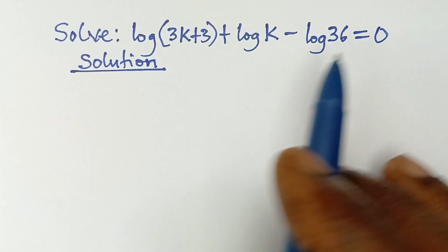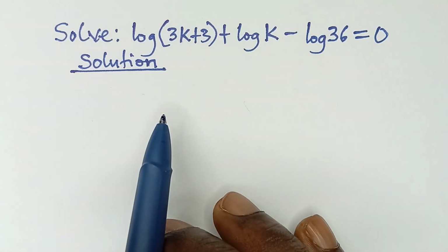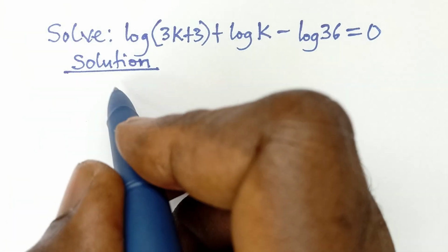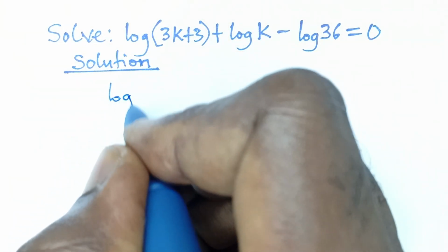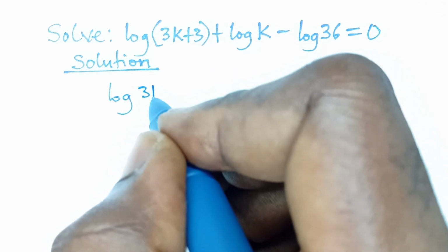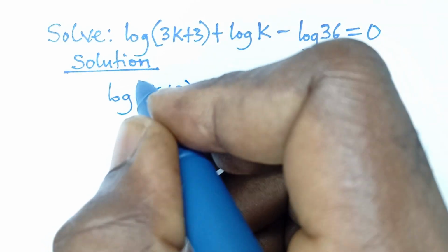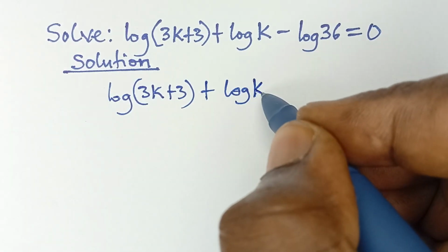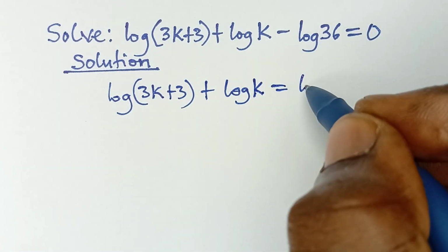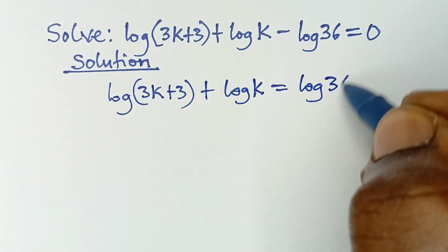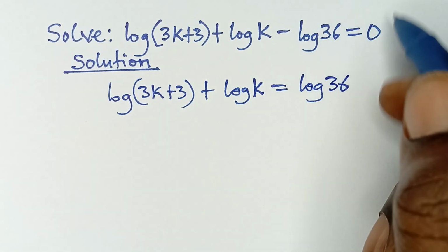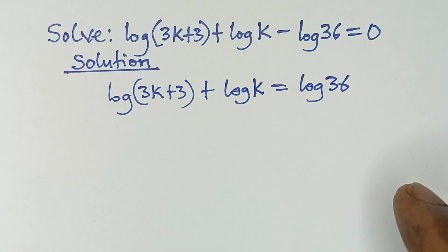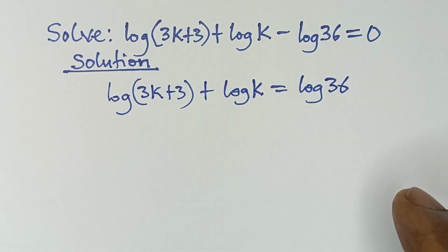Now, we can simply rearrange this as log(3k + 3) + log k = log 36. When this negative log 36 goes to that side, it becomes positive log 36, and the 0 is not important, so we ignore the 0.